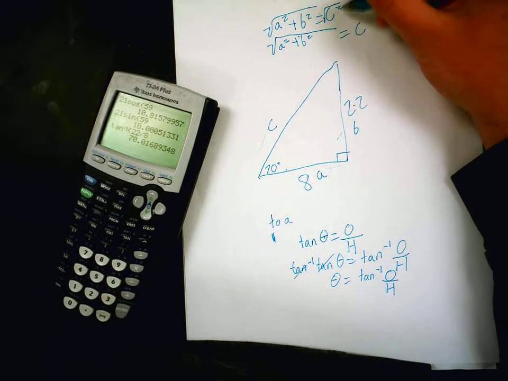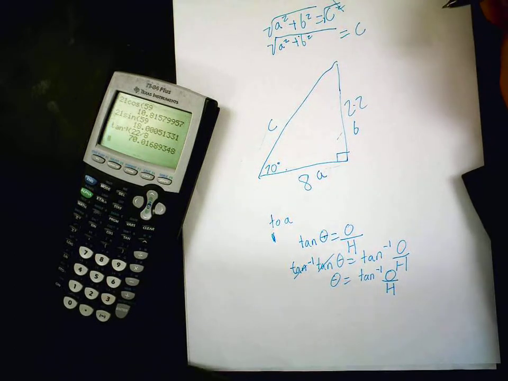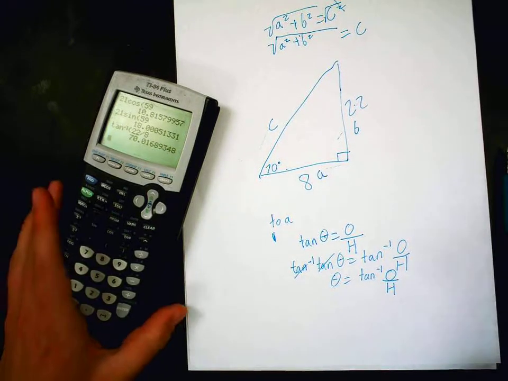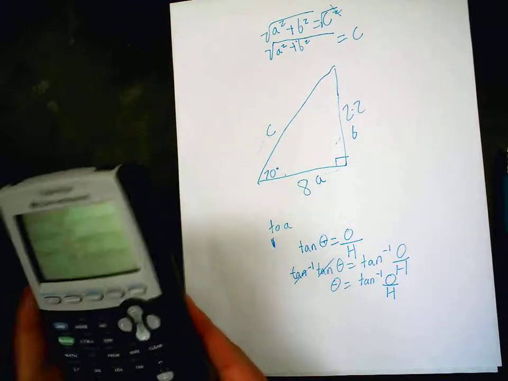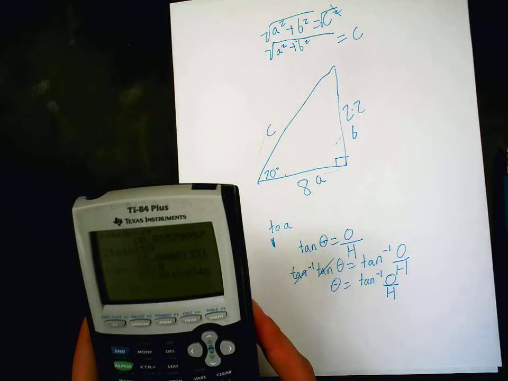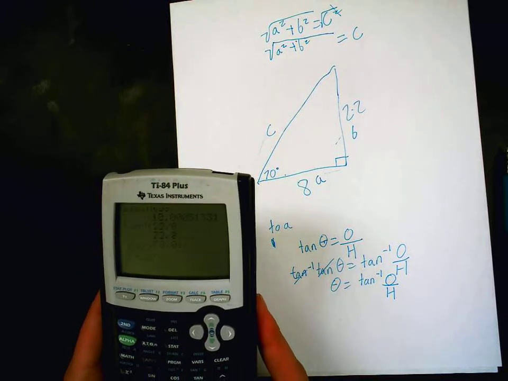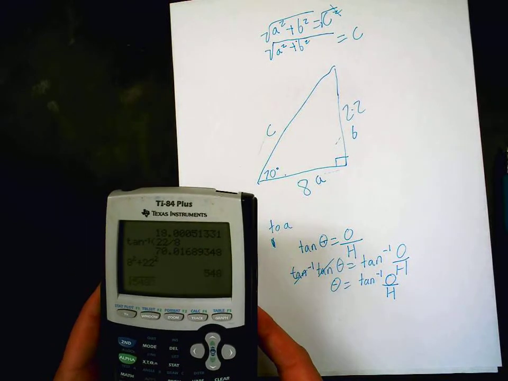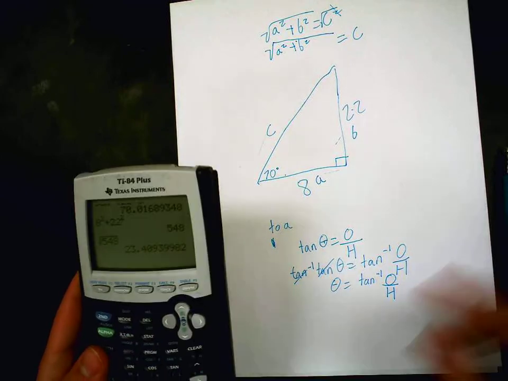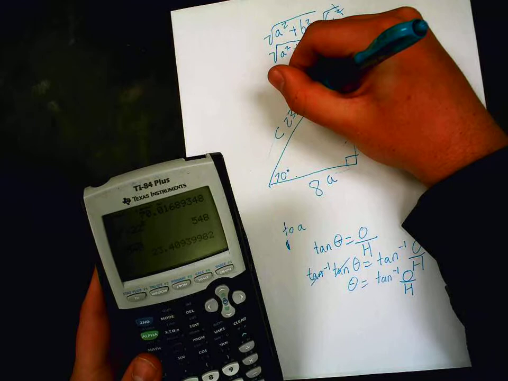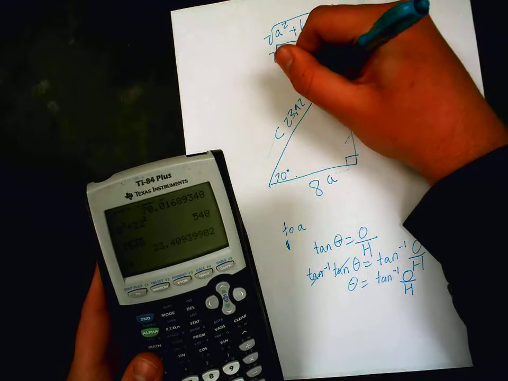That gets rid of those. That's pretty much it. So we're gonna find this vector right now. 8 squared, that's 64. Then 22 squared, and the square root of that is 23.9259.